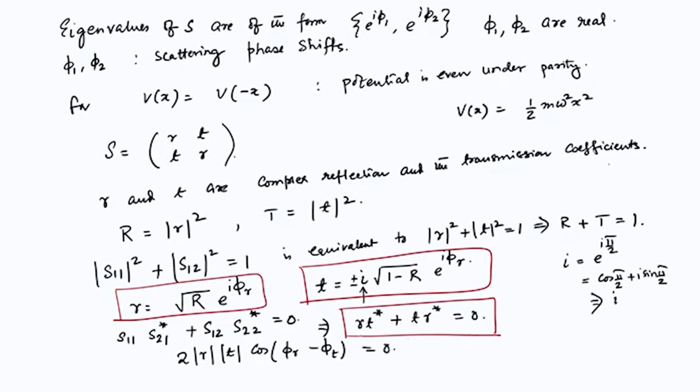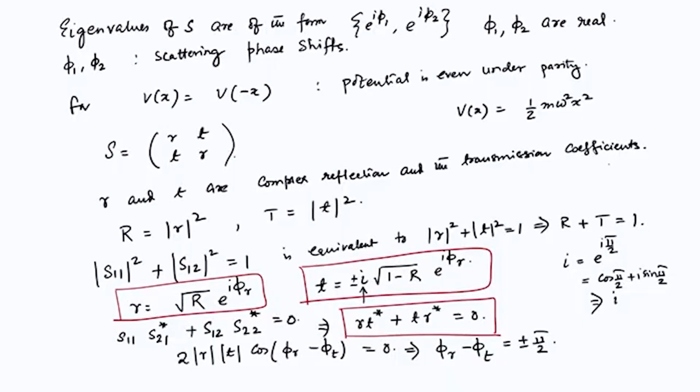So this is equivalent to R T star plus T R star, and this is equivalent to phi r minus phi t. So this is equal to plus minus pi by 2, which is what I told you earlier, that the reflected wave and the transmitted wave will have a phase difference of either plus pi by 2 or minus pi by 2.